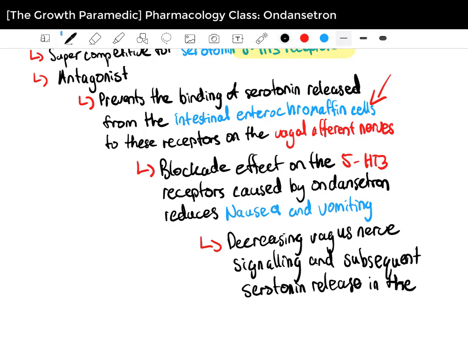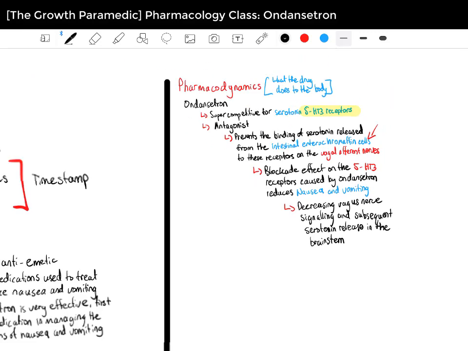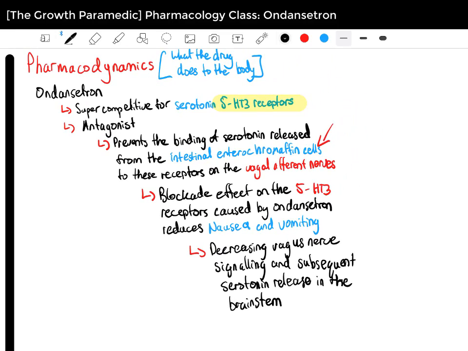Bit wordy, I know, but that's all important information you should be aware of. And if you need to, you can go back and just pause it and write this information down.